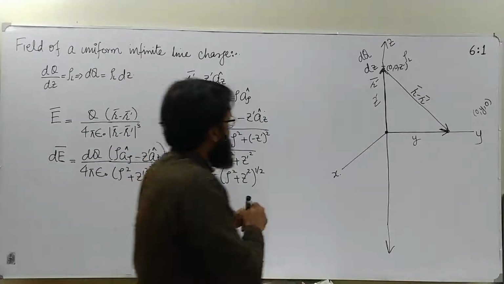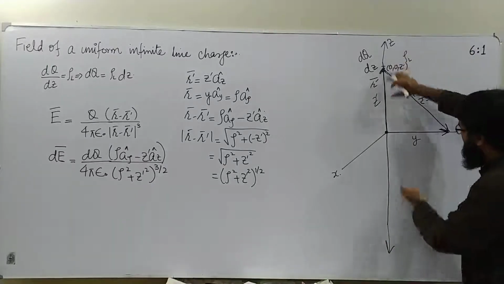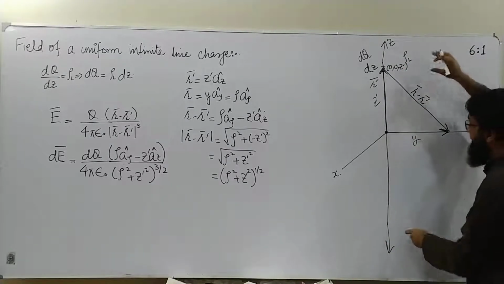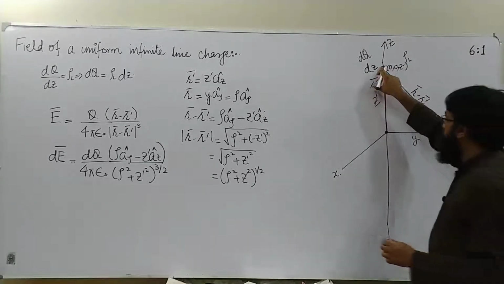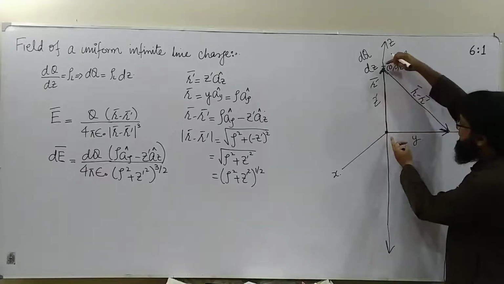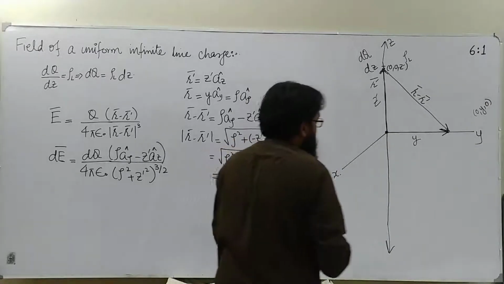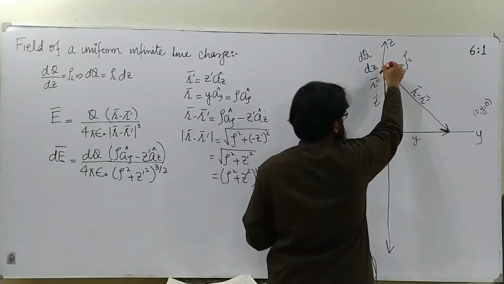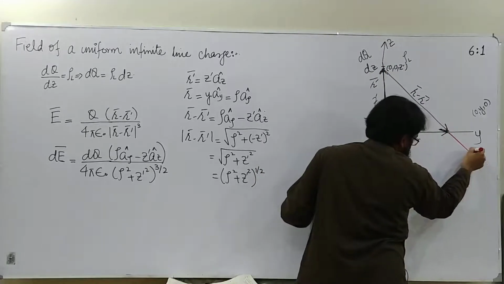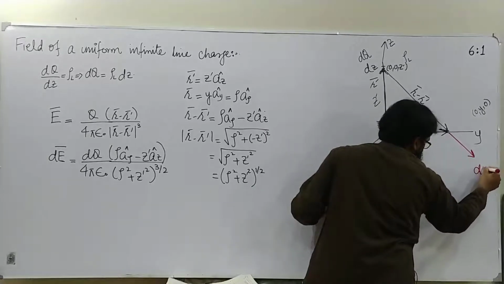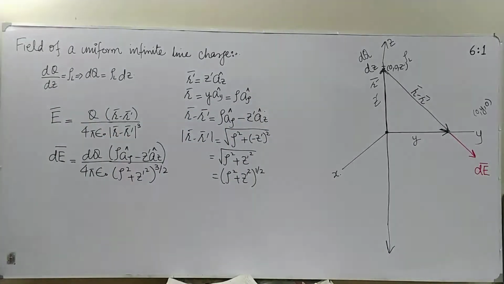That forces us to think a little bit symmetrically. The field due to this point charge, which we have taken z prime units above the z equals 0 plane, let's say the field due to this point charge at this field point is this differential electric field intensity.